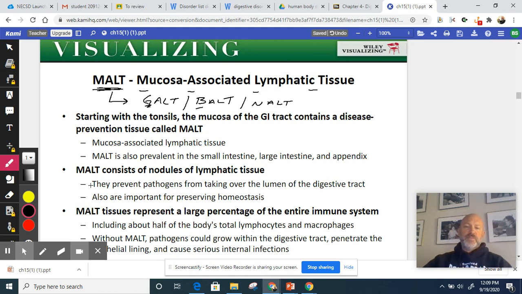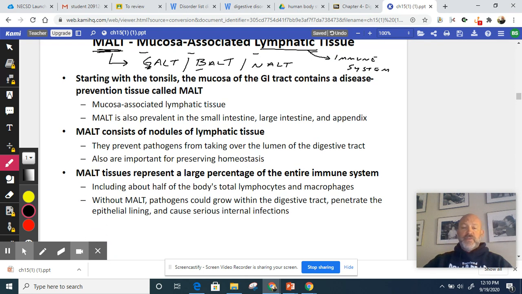So we do have these teams of lymphatic tissue, teams of white blood cells. Remember, these are cells in the immune system that are designed to hang out in these specific areas, look for any invaders, and when they see the invaders, they attack those invaders.